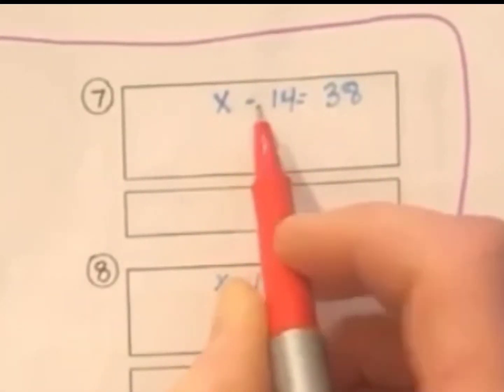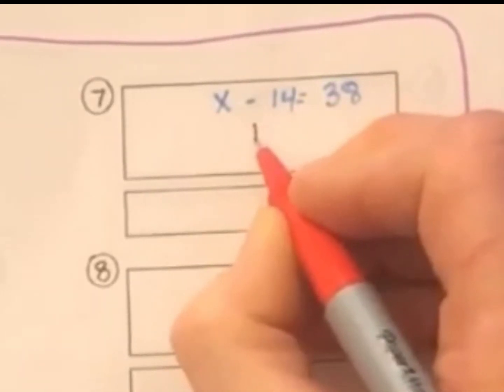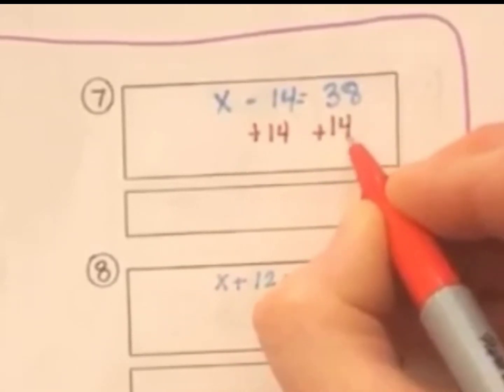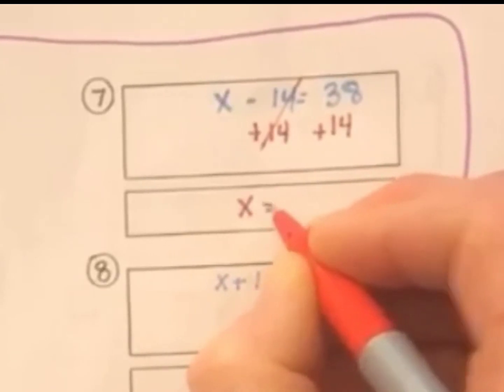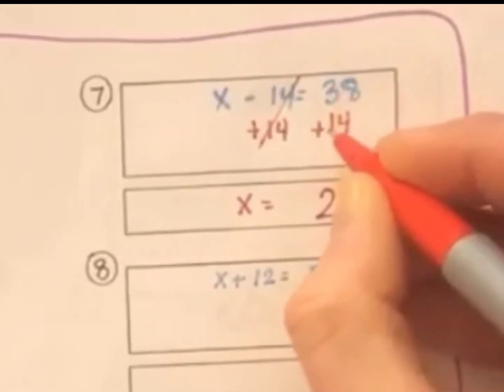Number 7. The opposite of minus 14 is plus 14, so we'll add 14 to both sides. X equals 52.